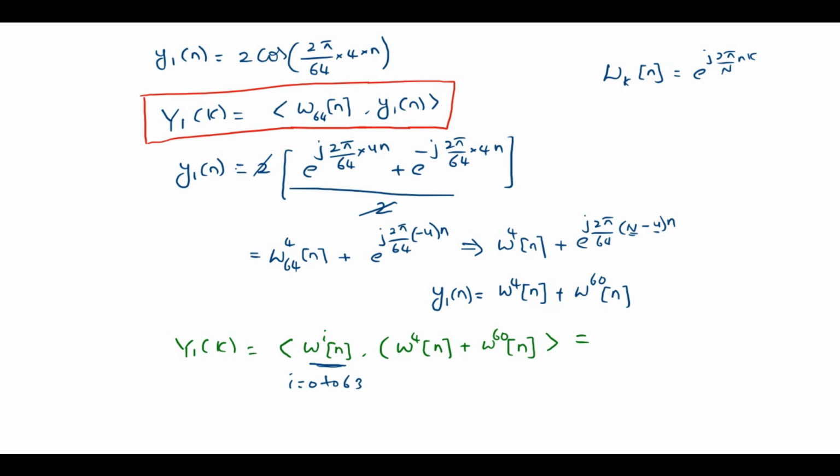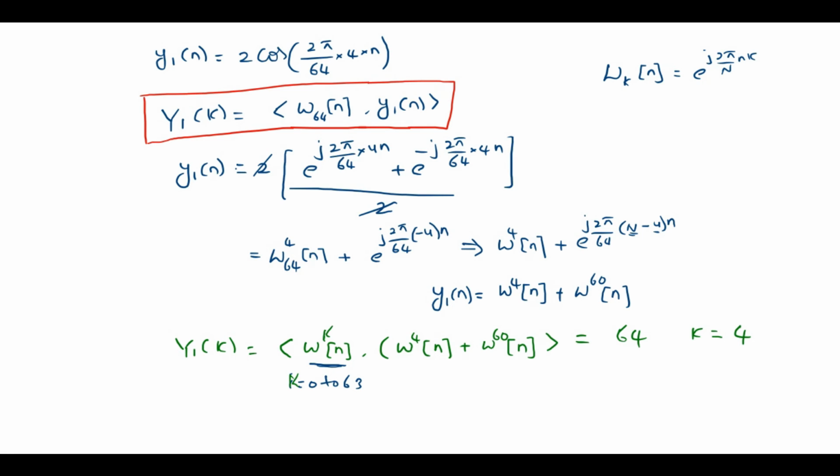When I perform the inner product, only when k is equal to 4 is the product capital N, that is 64, otherwise it is 0.